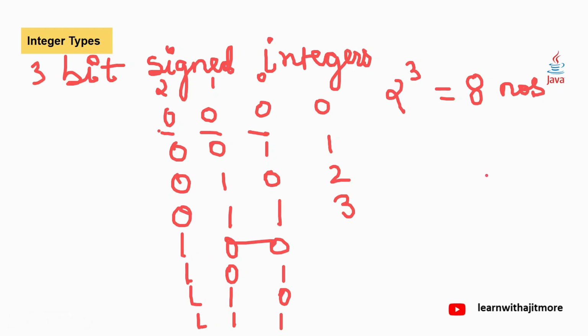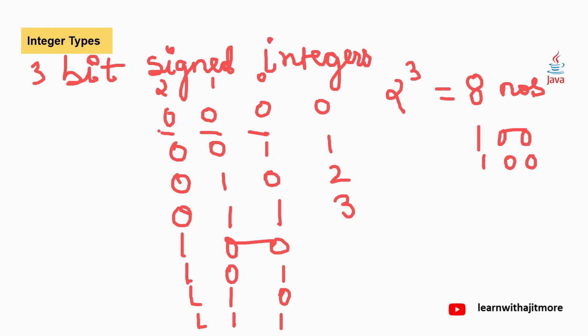So what is this binary? 1, 0, 0. You have to take first the 2's complement and then the decimal. The 2's complement will be the same, 1, 0, 0. I told you how to take 2's complement: from LSB till we get the first 1, keep it as it is, and after that toggle. Here we have nothing after that, because our data is 3-bit only.